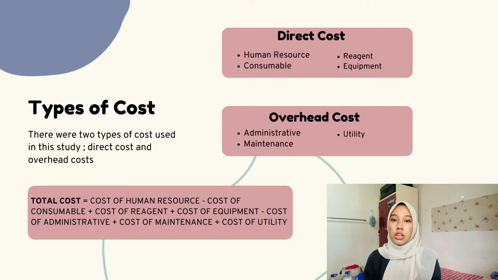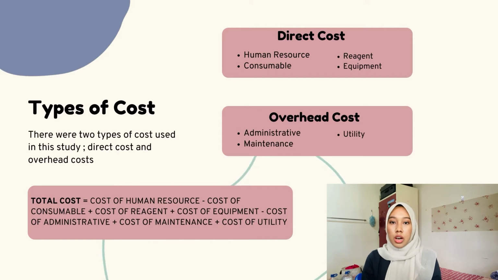Human resource is the cost of each work process for each diagnostic laboratory service with the number of staff involved, grade, years of service, and the time period of performing the work.